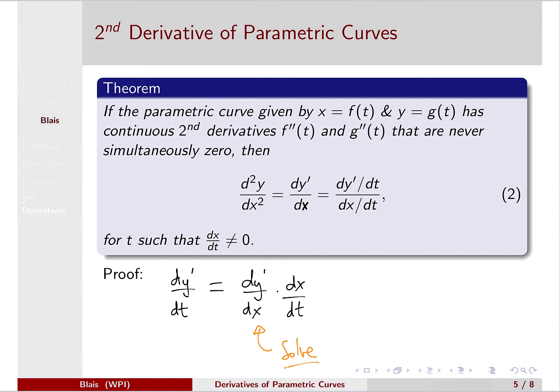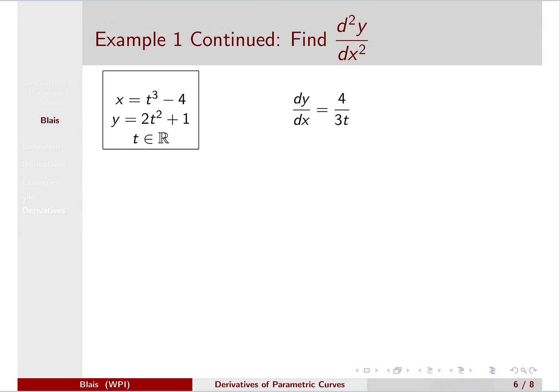And we can use that in the example we just worked through. So we said that d squared y/dx squared is dy prime/dt divided by dx/dt.